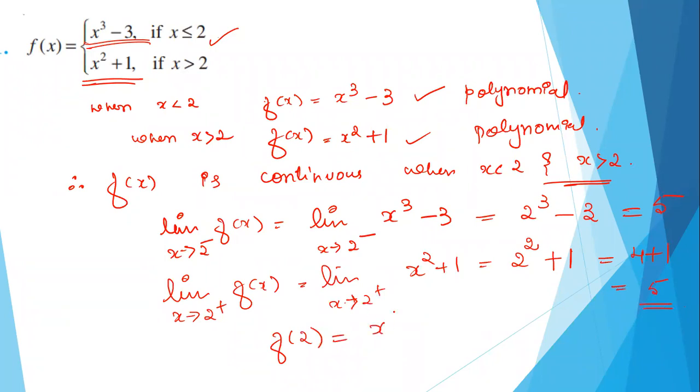It is x cube minus 3. That is also 2 cube minus 3. That also you get as 5. So the functional value and both right hand and left hand limit all are equal. Isn't it? So what we can conclude? Yes, good Satvik. It is continuous at x equal to 2.